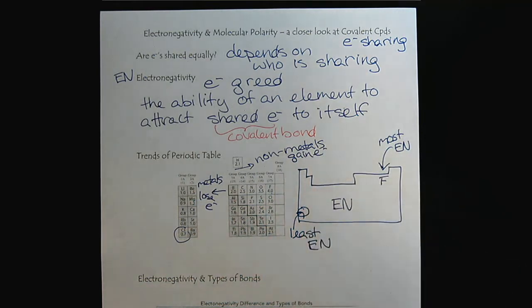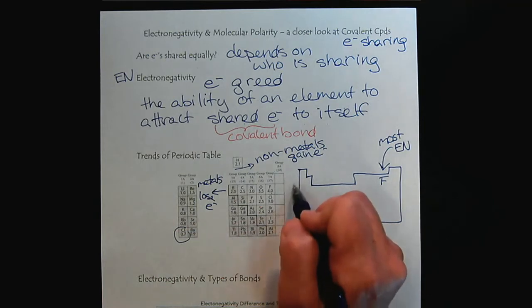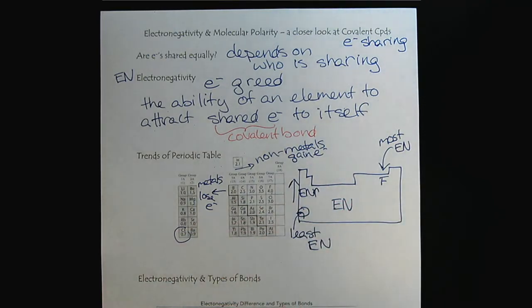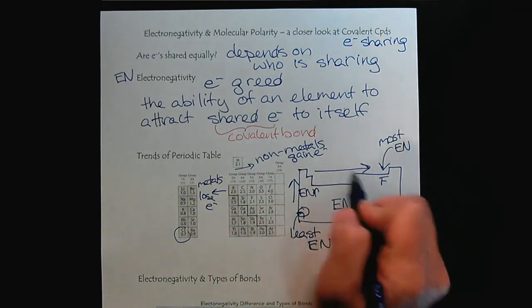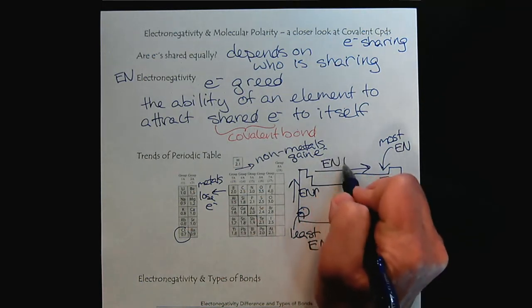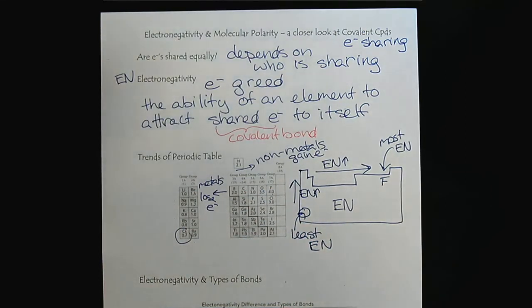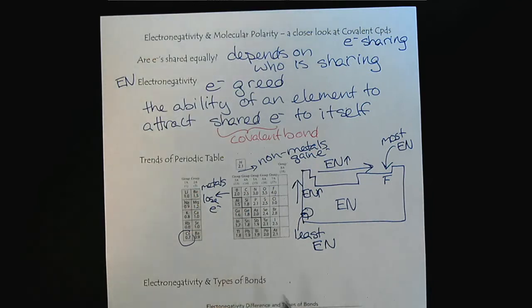So these trends in electronegativity make perfect sense. Electronegativity increases as we move up the periodic table, and electronegativity increases as we move from left to right. So we don't need to memorize all of these electronegativity values. We simply need to know the trend.